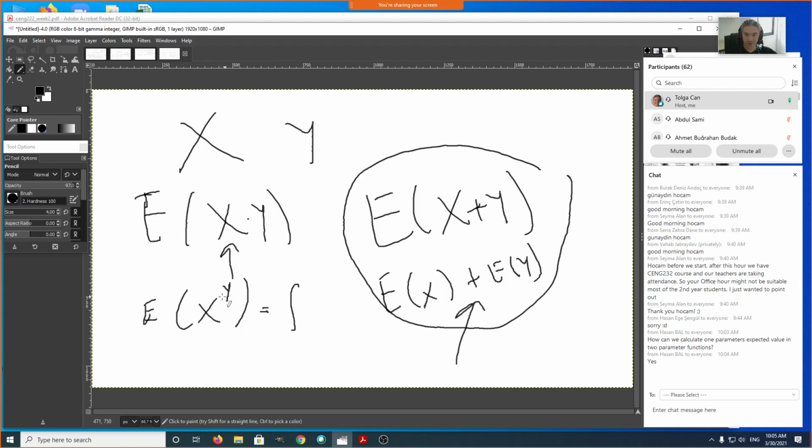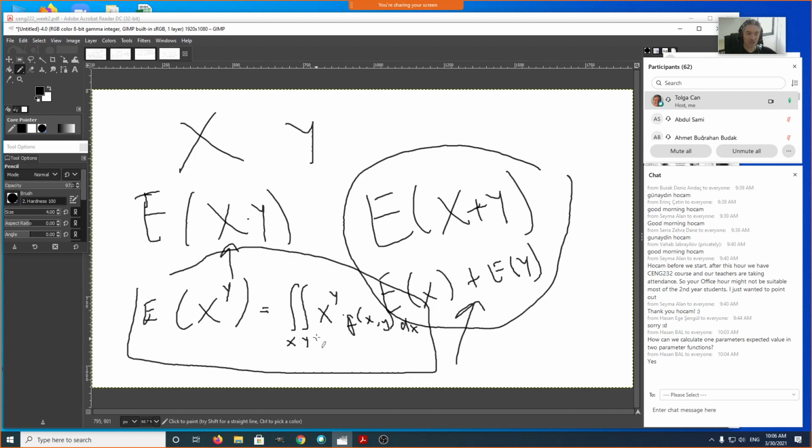If they're continuous, it's going to be a double integral over all possible values of x and over all possible values of y. You write x to the power y here, and we are going to have a 2-dimensional function this time, f(x,y) dx dy. All right, I think this is what you're actually asking.